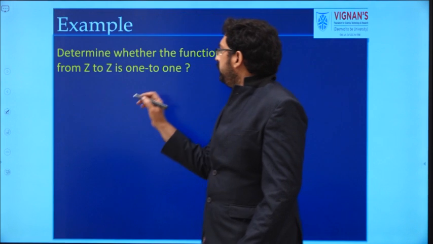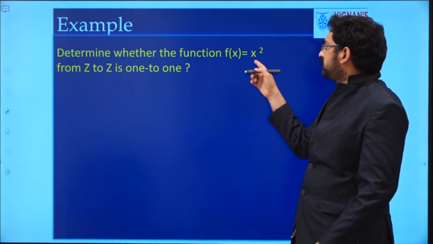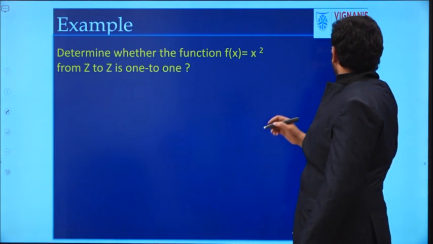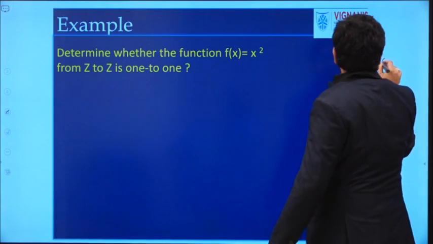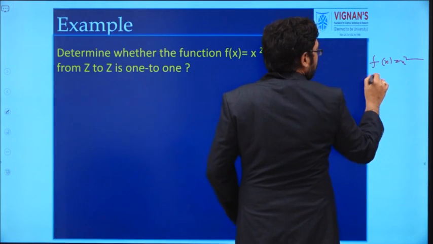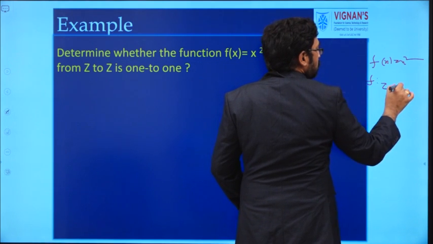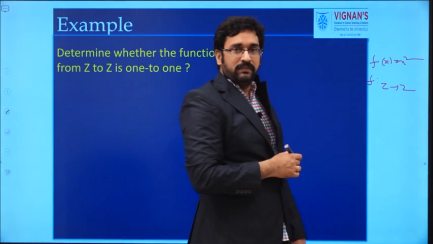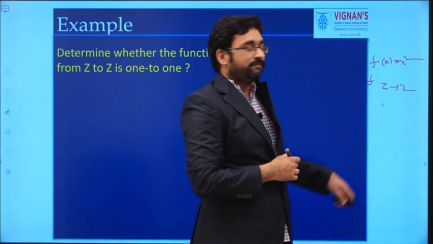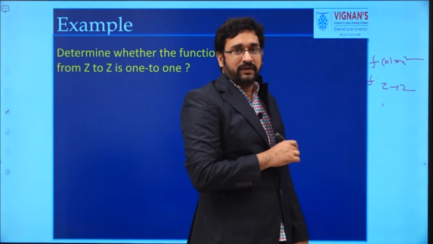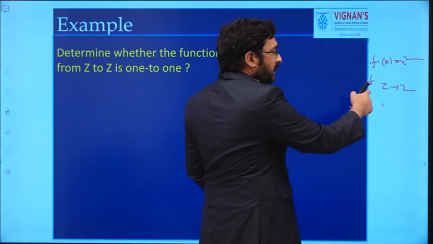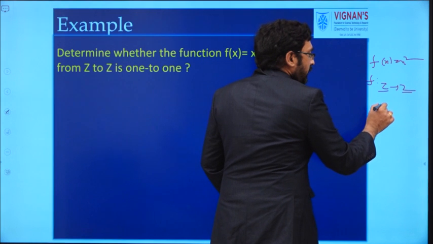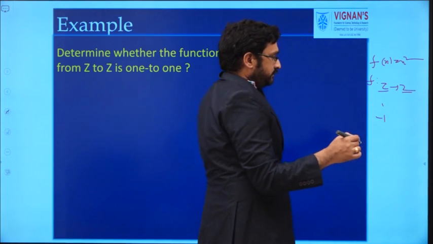One more example. Here f is a function defined as f of x equals x square from Z to Z. We have to check whether it is 1 to 1 or not. Is it confusing? f from Z to Z: the domain and codomain are both the same, Z and Z. For example, take 1 and minus 1.